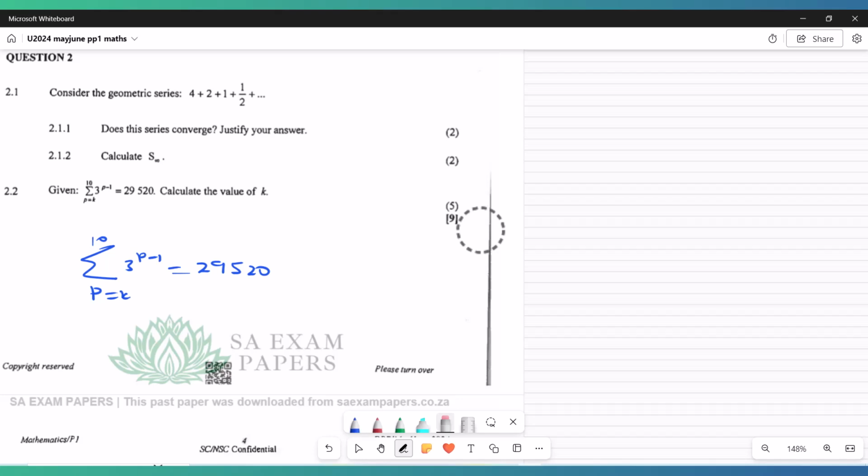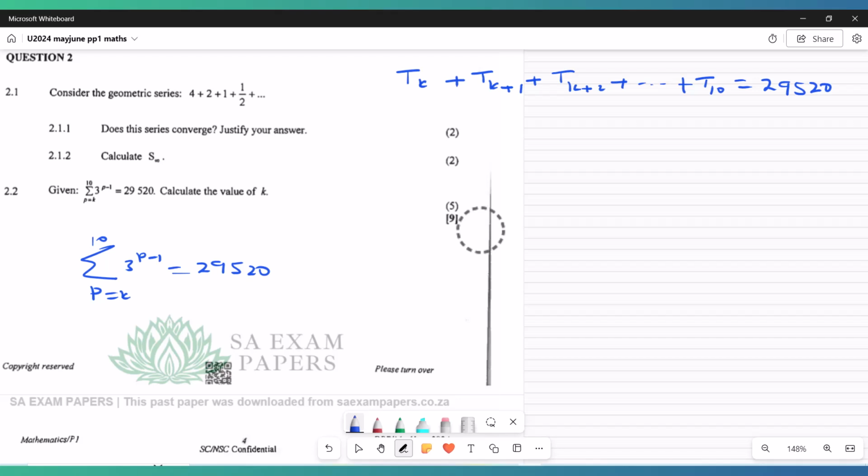Now I see this is geometric, so I'm going to have the first term tk, then plus tk plus 1, then plus tk plus 2, and so on until the last one, which is t10, then must be equal to 29520.